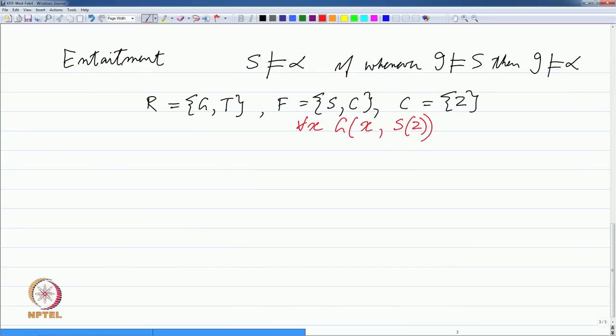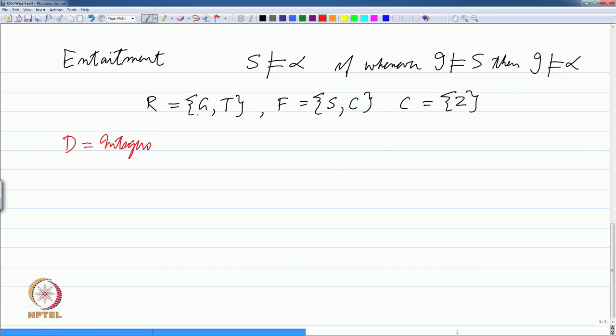So, what could be two different models? Let us say one model we call a Z model, and in that model let us say D is equal to integers. So, I am talking about the domain of integers.